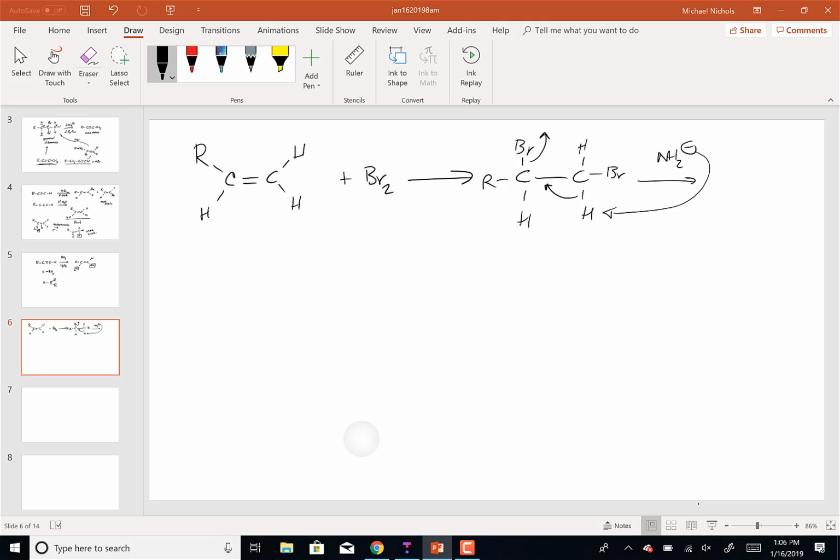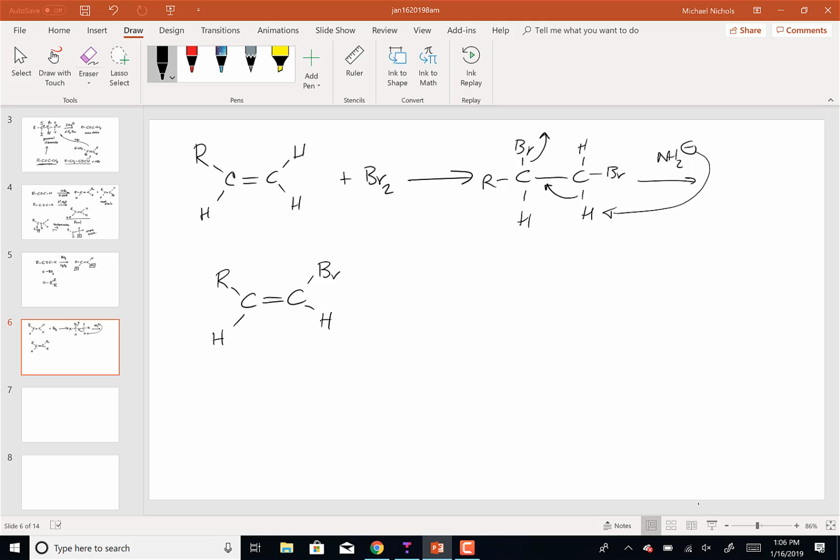Okay, so then we have to make sure that for our second step we've got a hydrogen. Oops, sorry, that bromine's gone. So we have to make sure that in our second step our bromine and the next hydrogen that we're going to remove are trans.